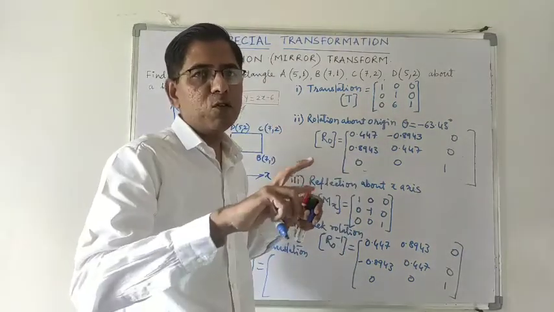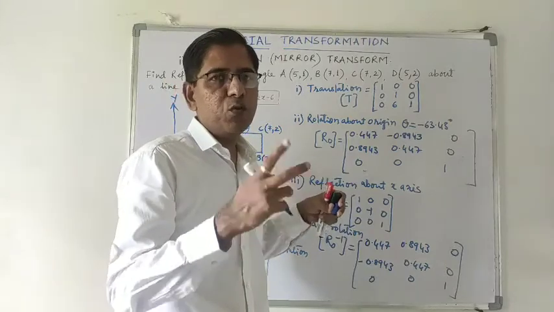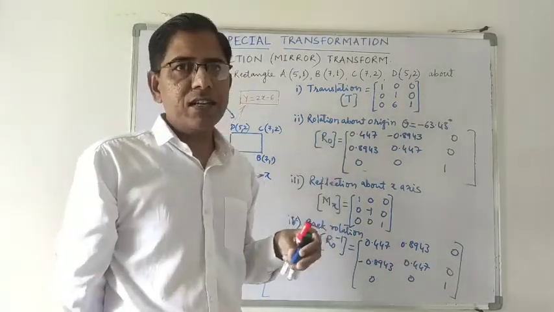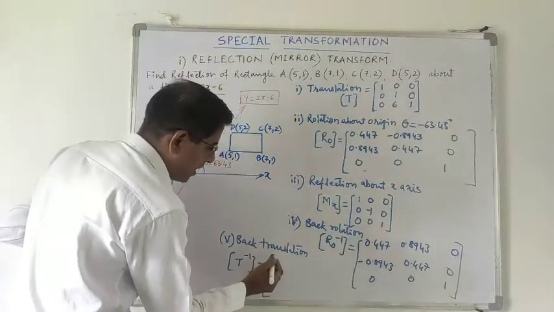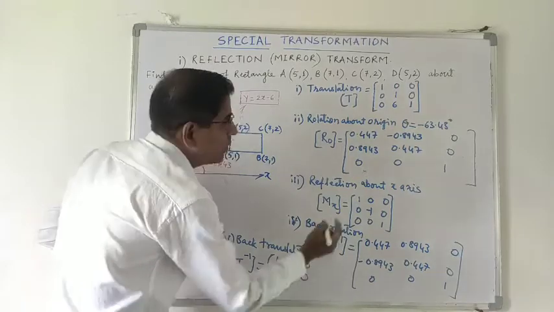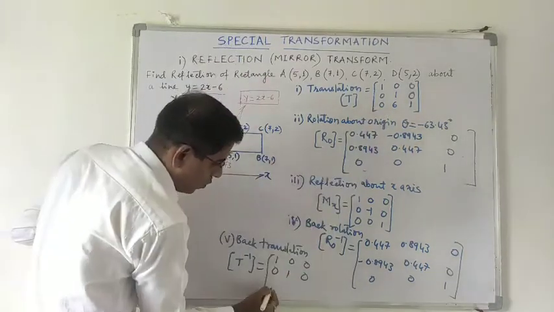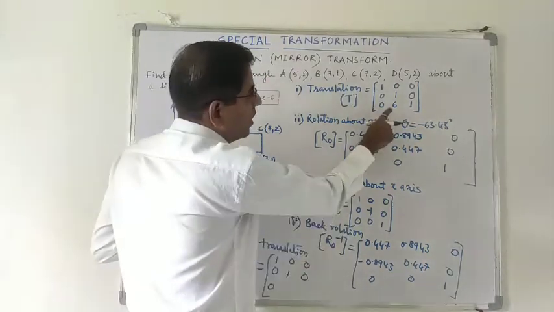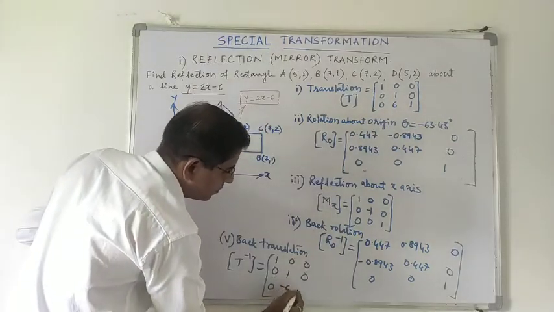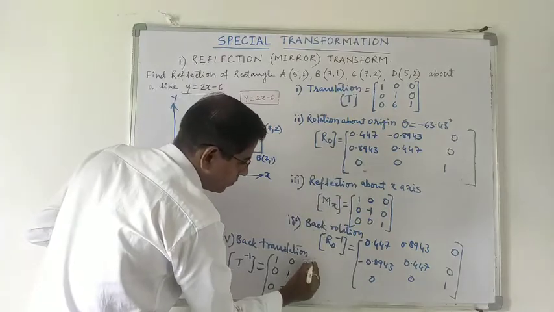You just have to change the sign from positive to negative or negative to positive of the original translation matrix. So the back translation matrix would be 1 0 0, 0 1 0. Now here Tx is 0, so again it is 0. Ty is 6, so it becomes minus 6, and 1.